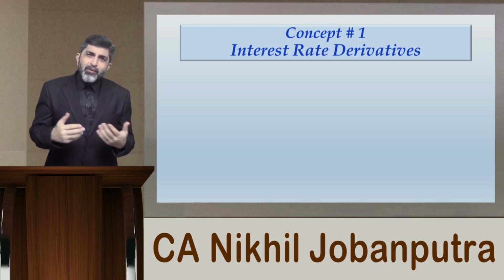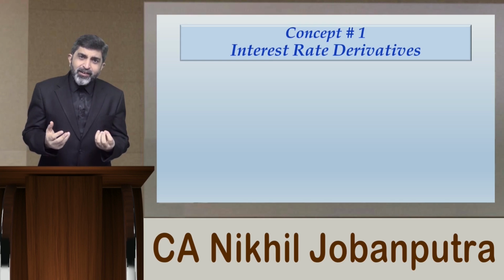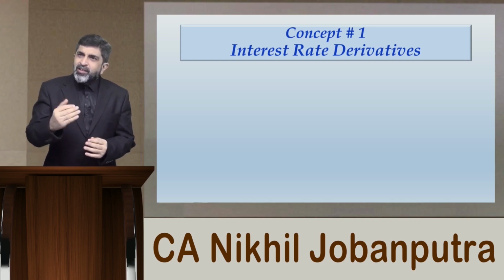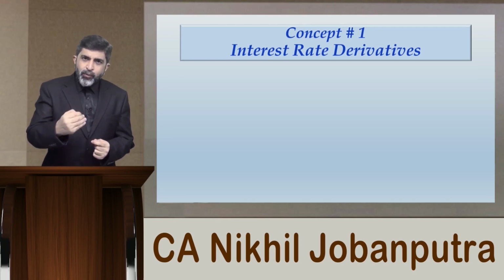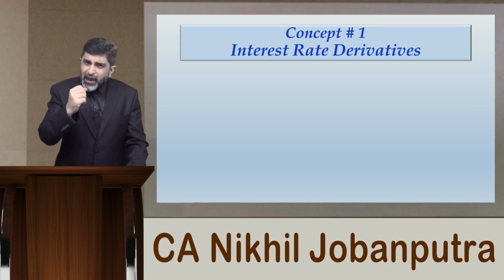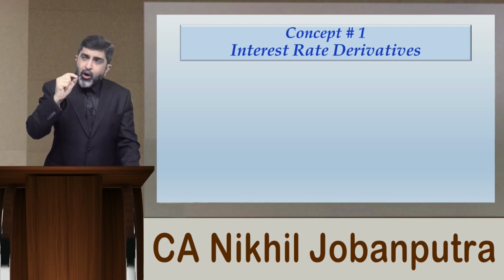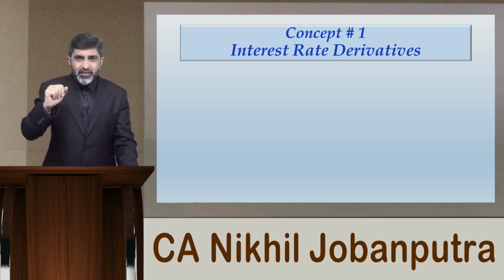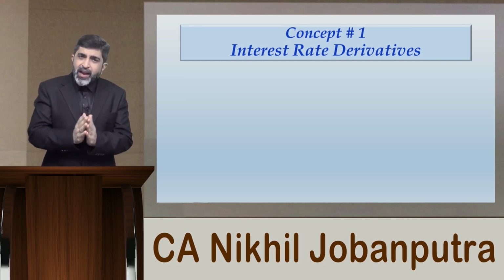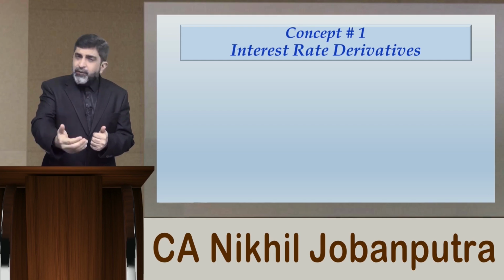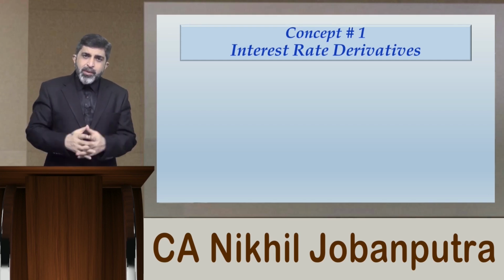So you might be wondering, sir, how can interest rate become an underlying? Let me give you the simplest example. Suppose I want to borrow from a bank, and being a borrower, I will always have a fear of rising interest rates. So I approach a banker and ask for the interest rate they would charge if I borrow a sum of rupees maybe 10 lakhs.